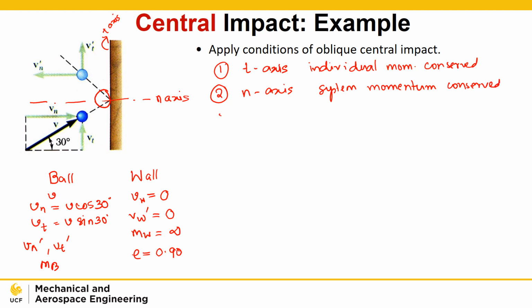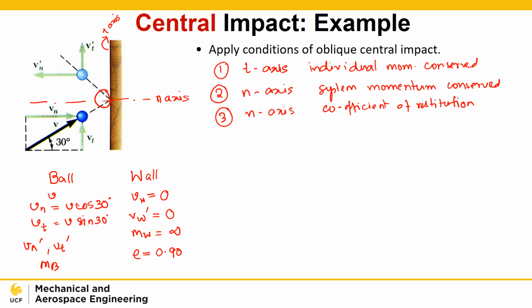And also along the n-axis, the coefficient of restitution relates the relative velocities after and before impact. So we can work with 3 sets of equations when we are solving problems for oblique central impact.